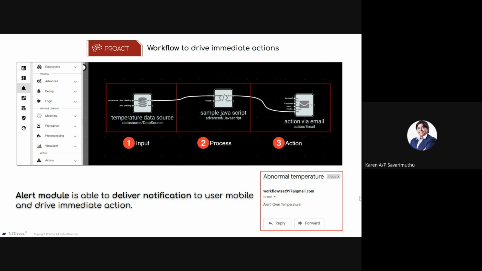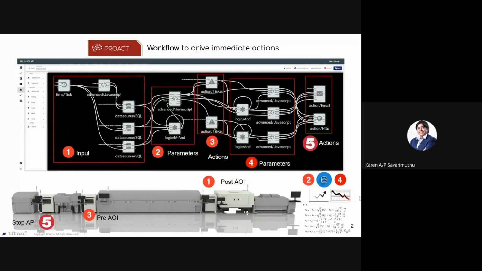This is a very simple step in creating the workflow, but of course, you can create very crucial types of workflows. It's just drag and drop, and you can set the parameters on what the actions are, and you can have multiple parameters in between this workflow.